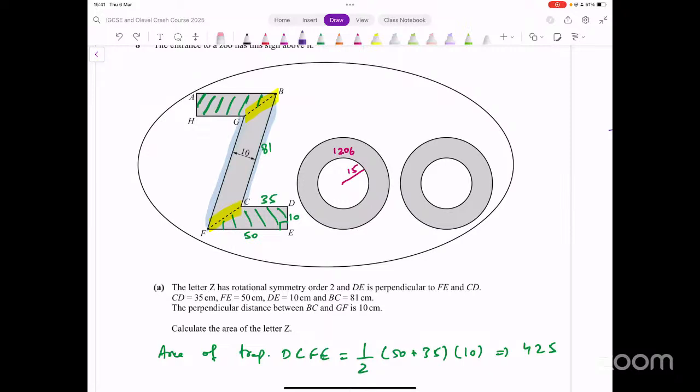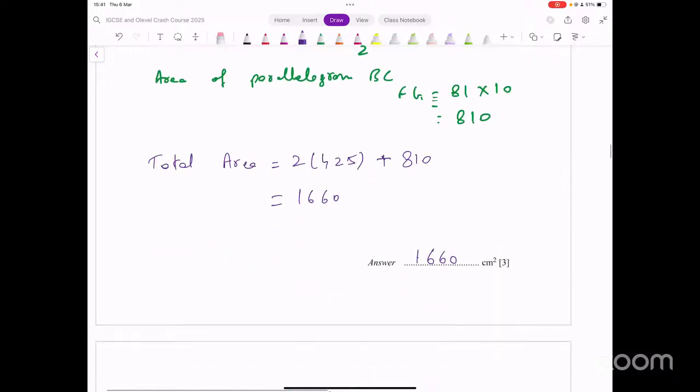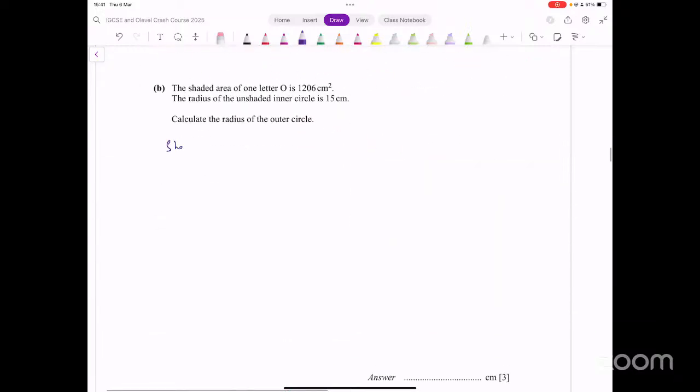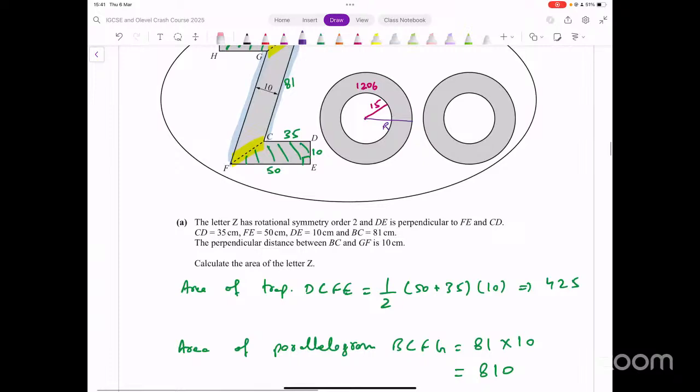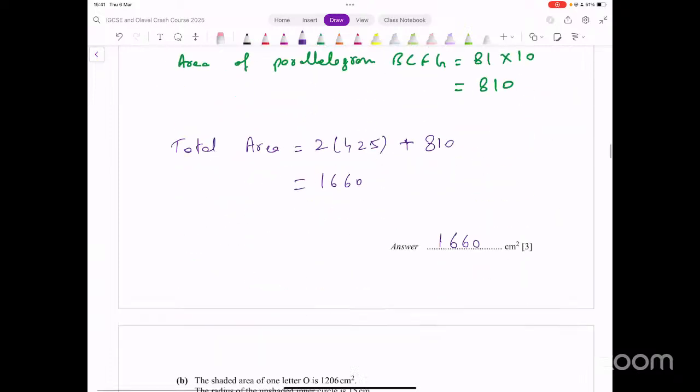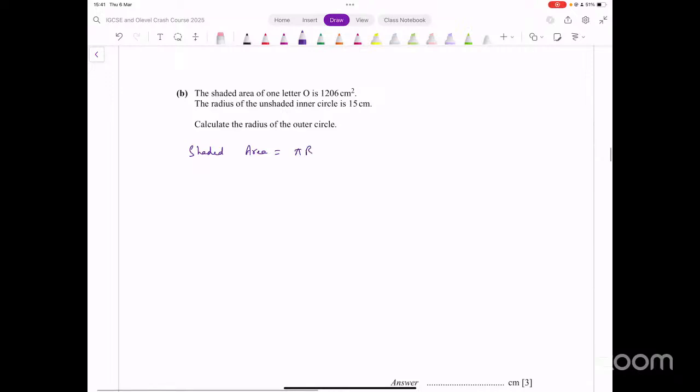Pi r squared is the formula that we've got for that, right? Let's call the radius of the bigger circle r. Then the shaded area would equal pi r squared for the bigger circle, minus the area of the smaller circle.